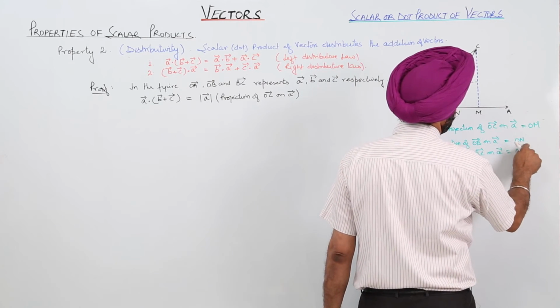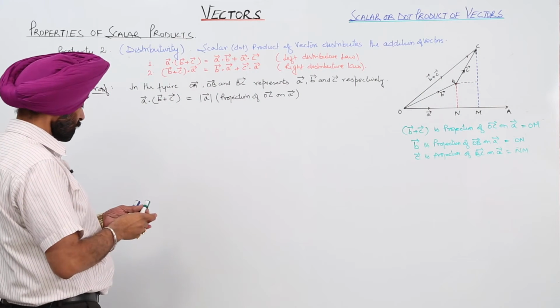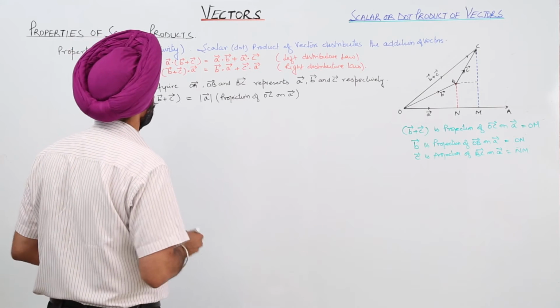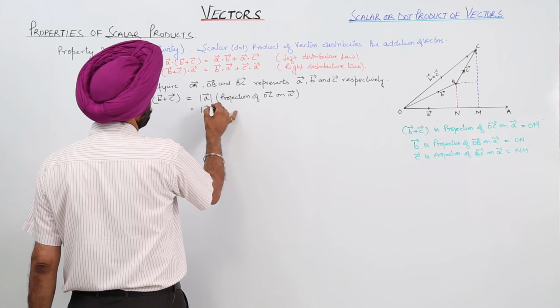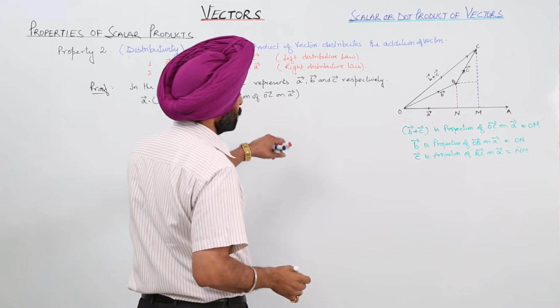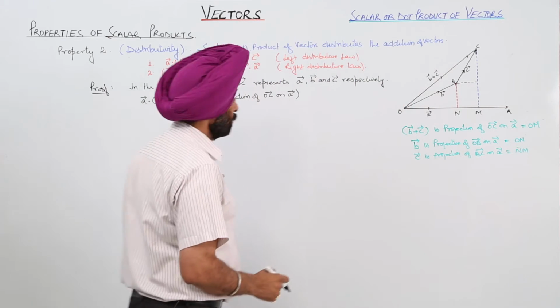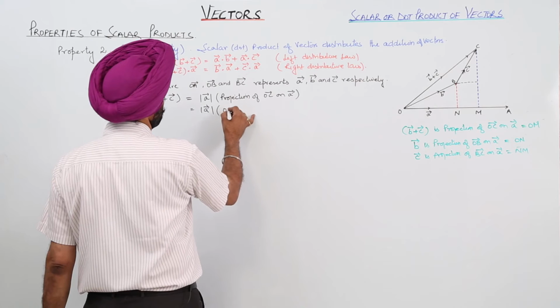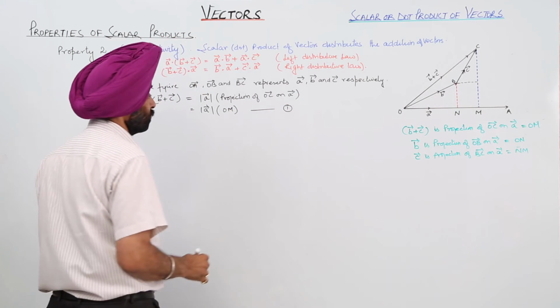This will not be vectors. Now we are having this equal to magnitude of A with projection of OC on A, and this is OM. So this is number 1.